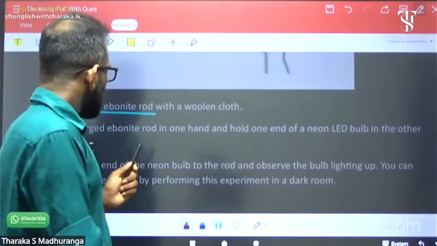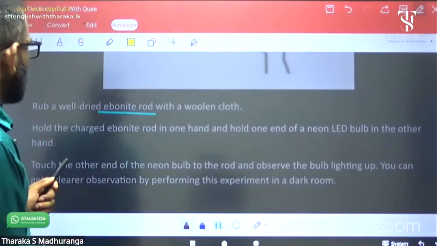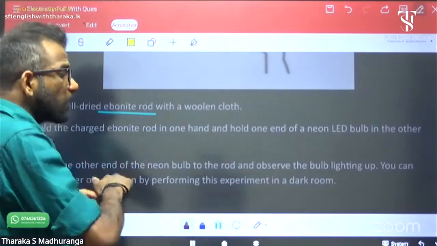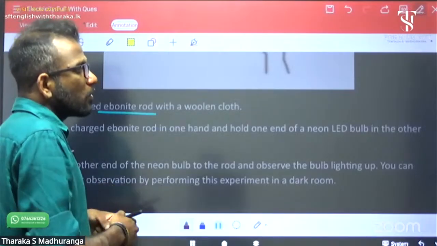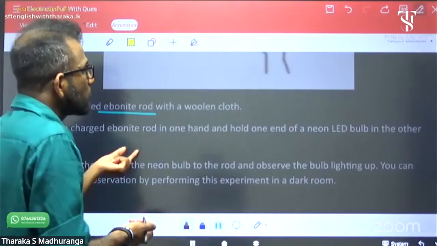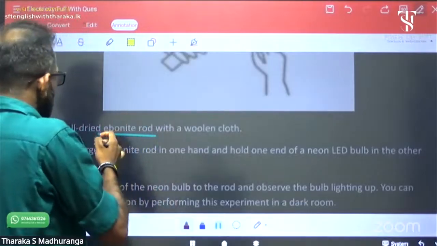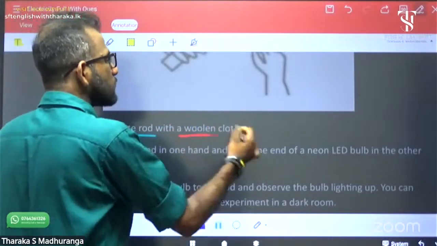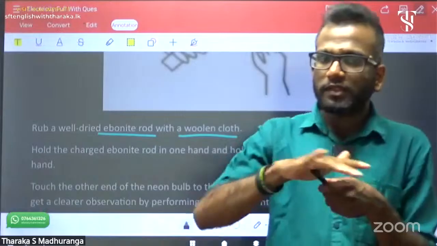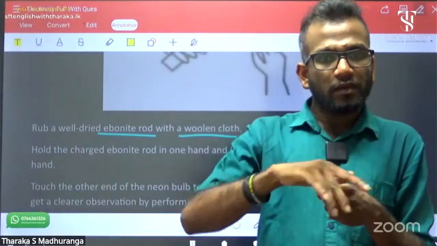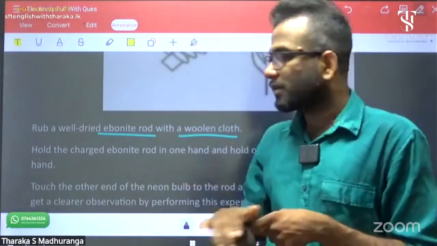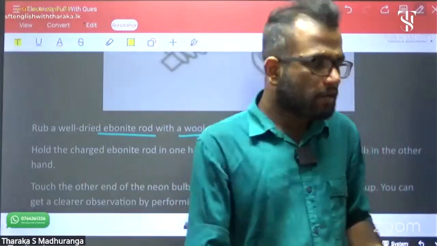Hold the ebonite rod in one hand and hold the neon bulb. Before that, we have to rub this ebonite rod with woolen cloth. You can practice this experiment.